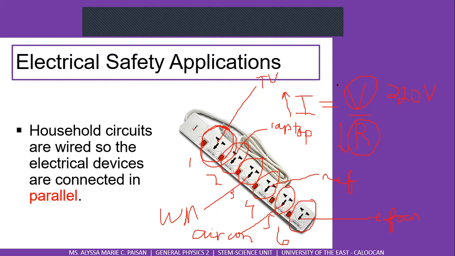Okay? So, constant yung voltage, bumaba yung resistance, tumaas yung current. So, that will result to overloading. And that will also eventually, if napabayaan mo, magre-result sa octopus wiring. Okay?